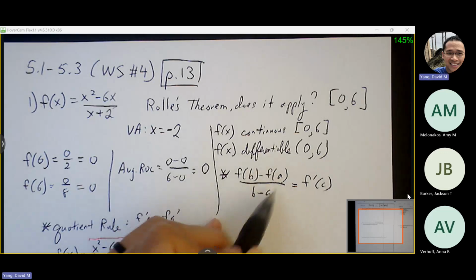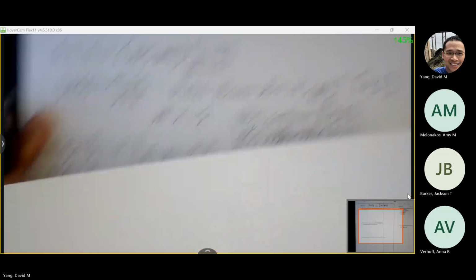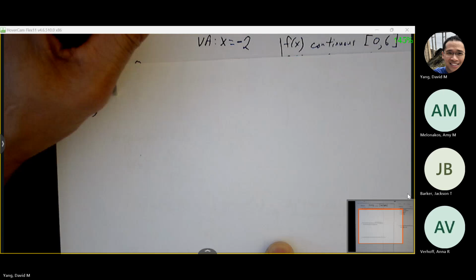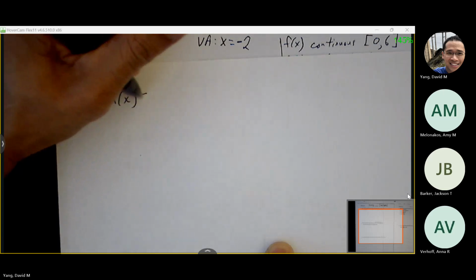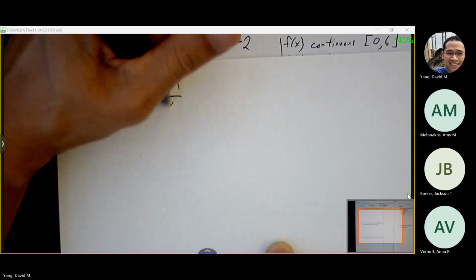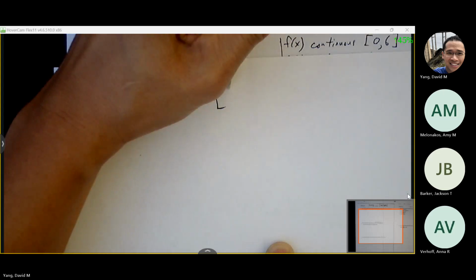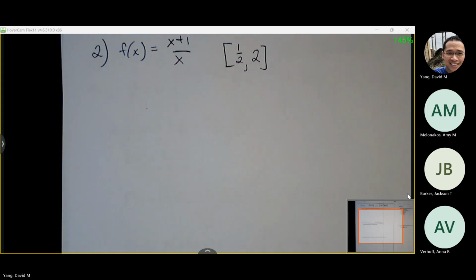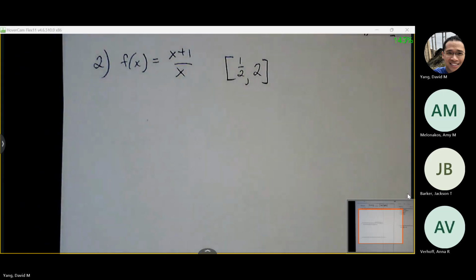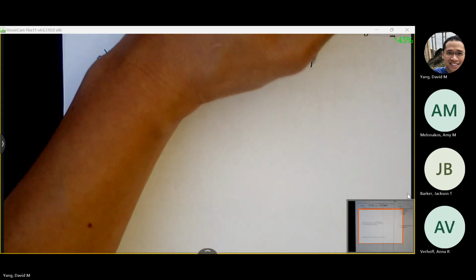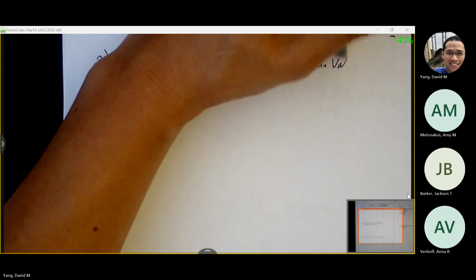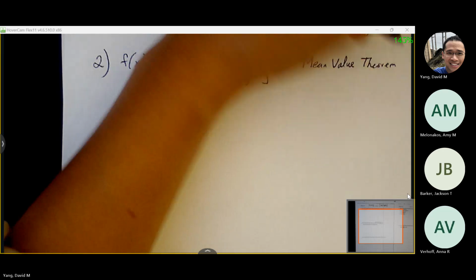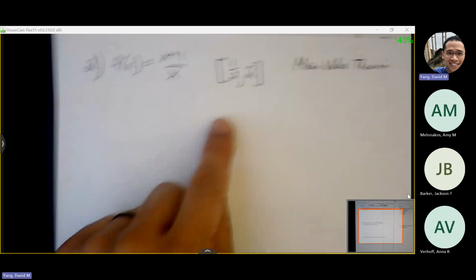But for Rolle's theorem, this has to be slope 0. Okay, we all see the mean value theorem applies.